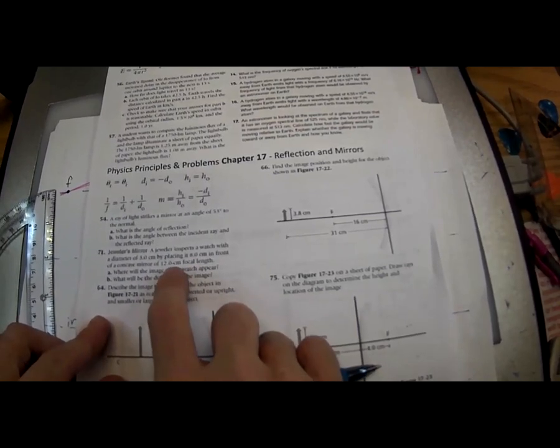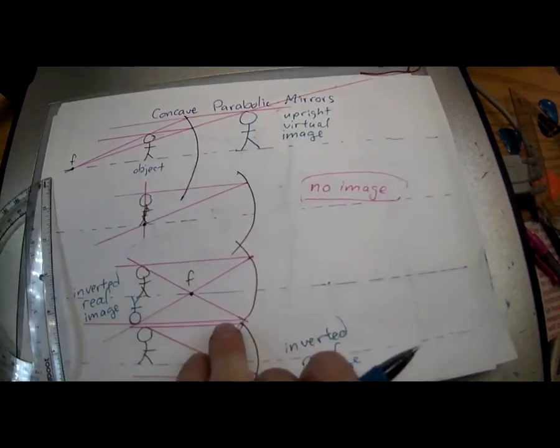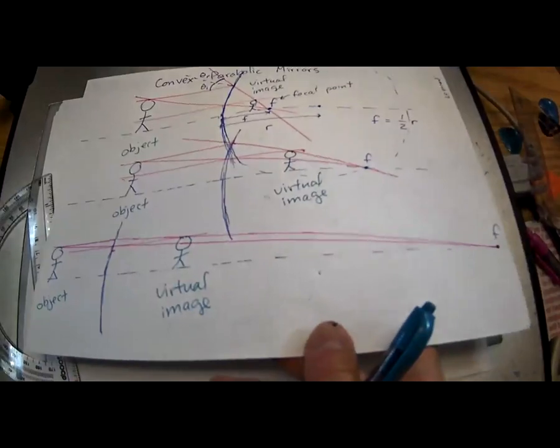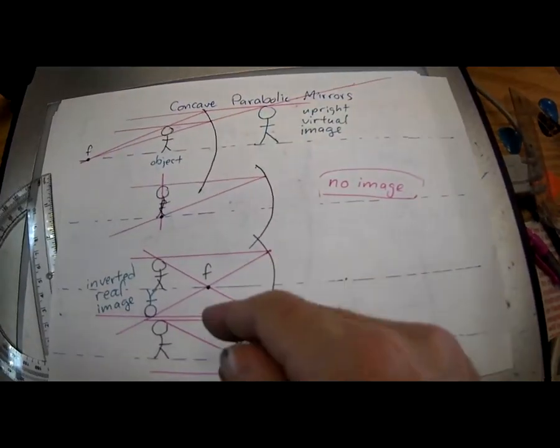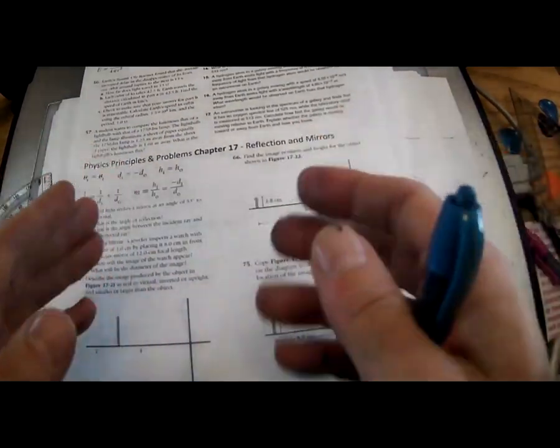So notice that there's a 12 centimeter focal length. Let me start with this: concave. So concave, between the 4 that we did today versus the 3 yesterday, it's going to be one of the ones that we did today, because those are concave. There's a 12 centimeter focal length, but the object is 8 centimeters from the surface. So you guys see that the watch would be inside that focal distance.